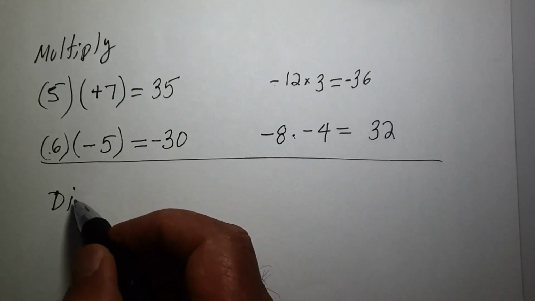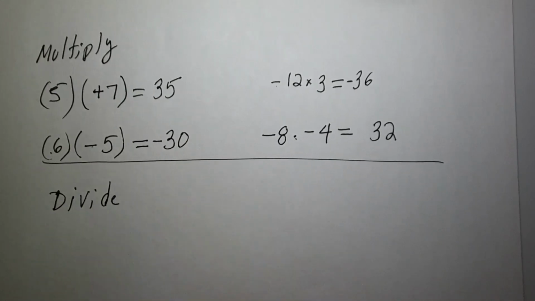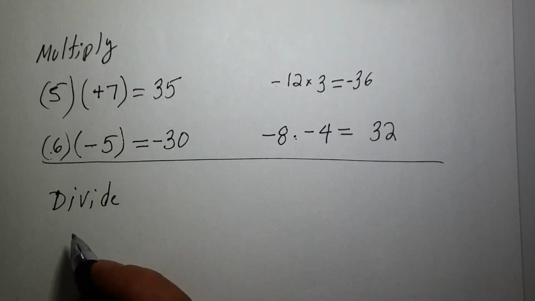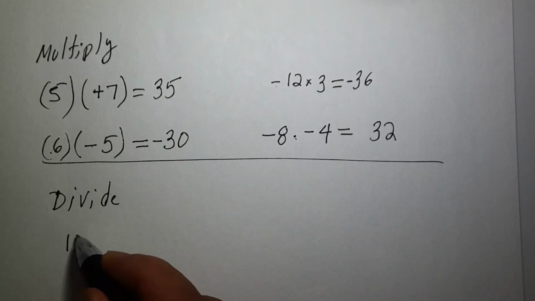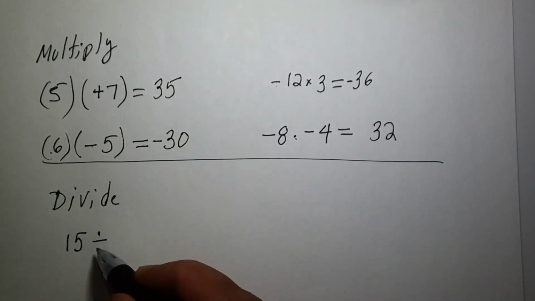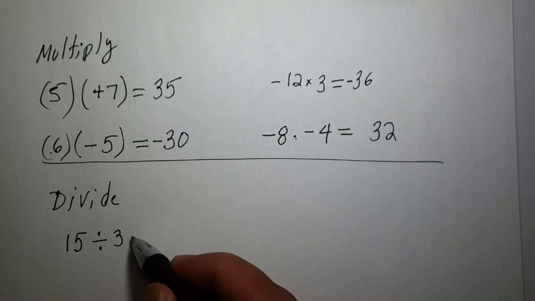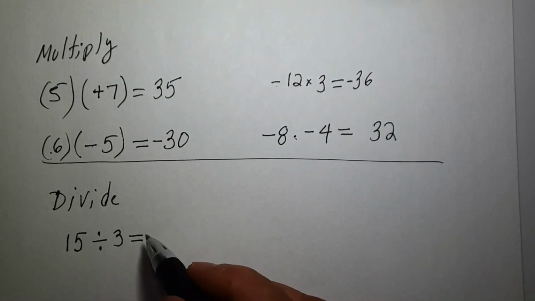Divide. 15 divided by 3, positive 15 divided by positive 3, the result is positive 5.